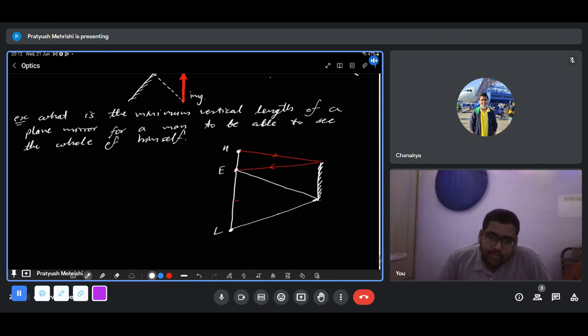This ray of light is going from the legs towards the eye after reflection.